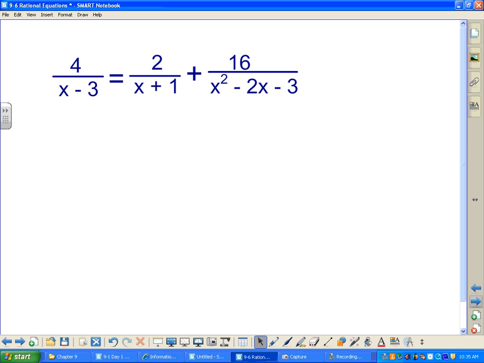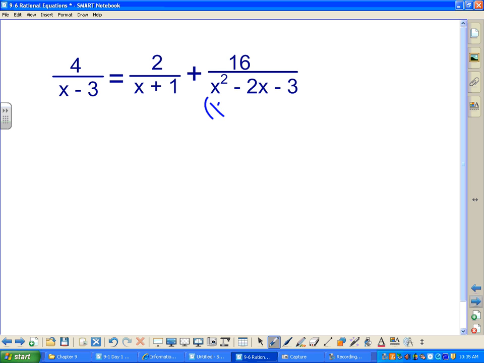Maddie? Factor that last denominator. Any guesses what it probably will factor into without even doing it? Guesses? Zach? Yeah, chances are it's going to factor into x plus 1 and x minus 3. It doesn't have to, but check that, because a lot of times that works.